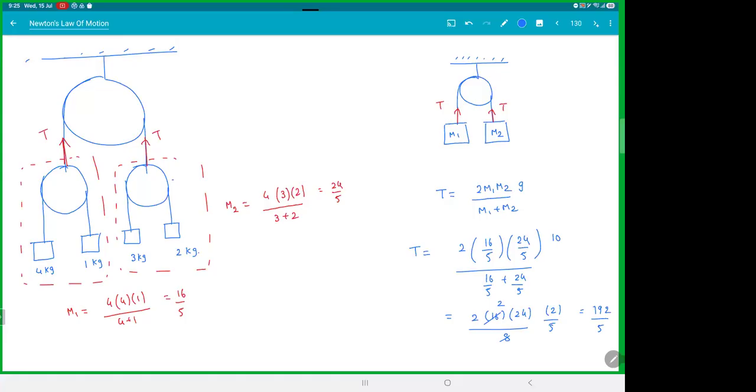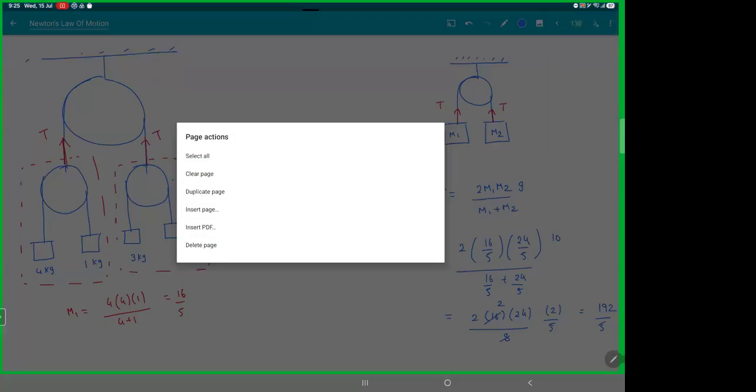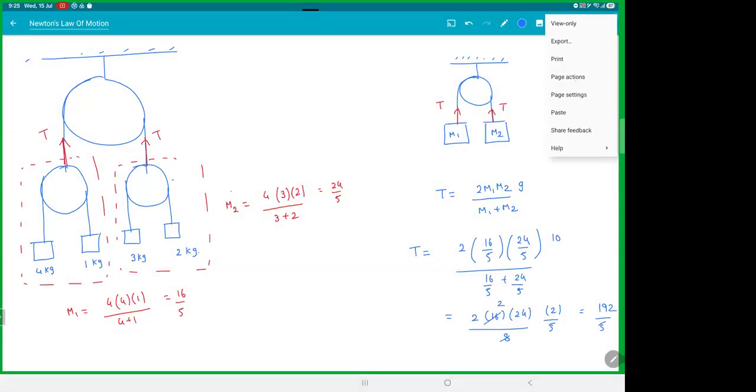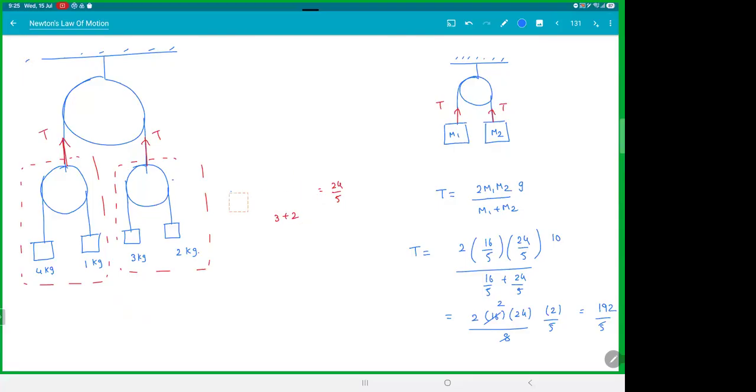Clear with this? 192 by 5. So we got the tension. Great. Now what? You're done basically. Once you got the tension, just go back to the normal picture again.